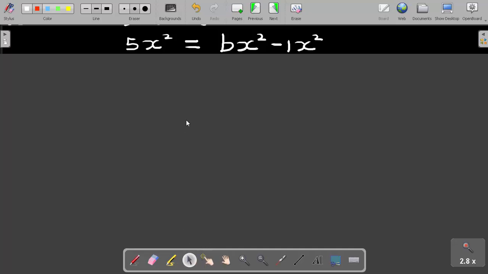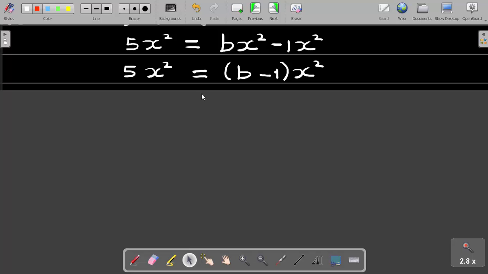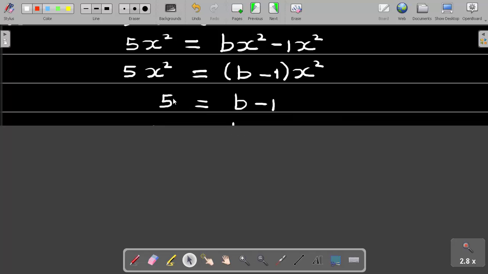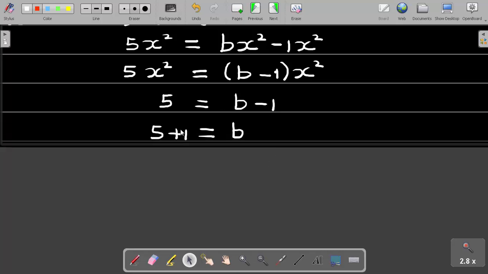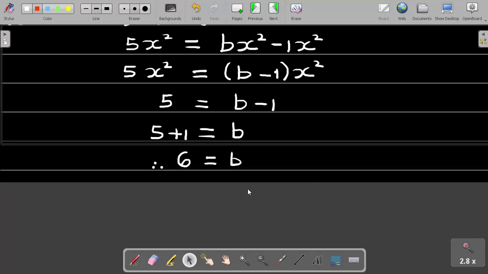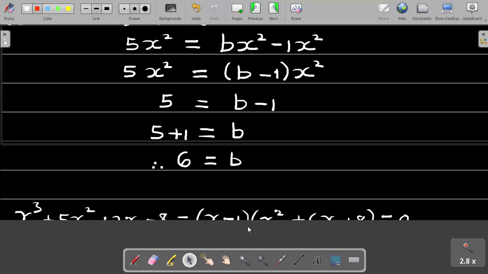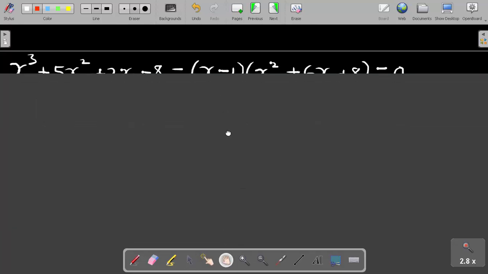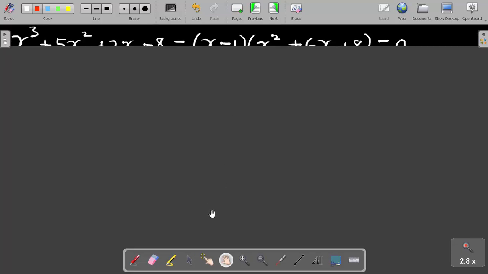Because these are all x squared terms, I can equate the coefficients by saying that 5 equals b minus 1. Okay, so now the negative 1 becomes positive to give me 5 plus 1 equals b. And then after getting b as 6, I go back and write my expression again. After doing so, I can equate to 0 and either factorize or use the quadratic formula.